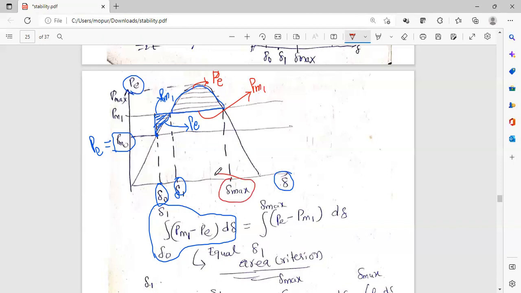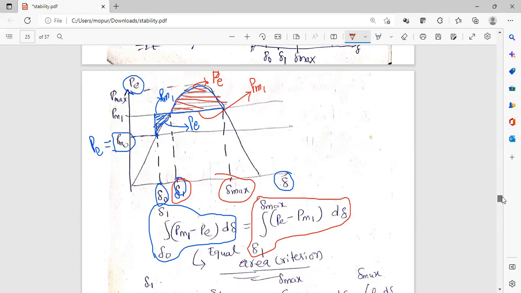So under the limits delta 1 to delta max, integral of Pe minus Pm1 d delta will give you this area. That is this term. By using the equal area criteria, we are equating these two terms to get the stability condition.